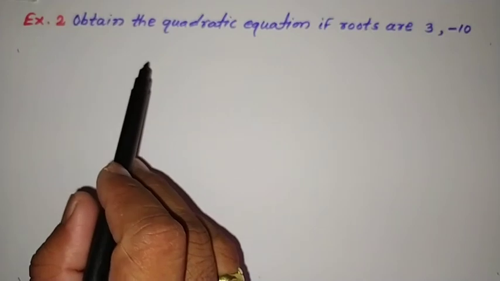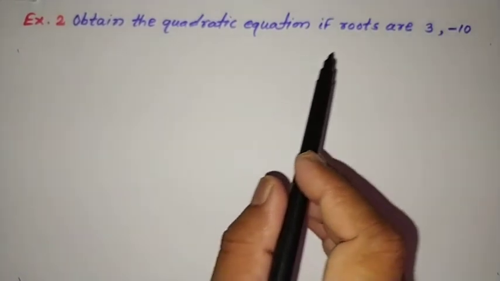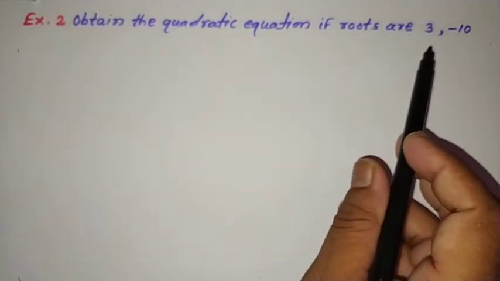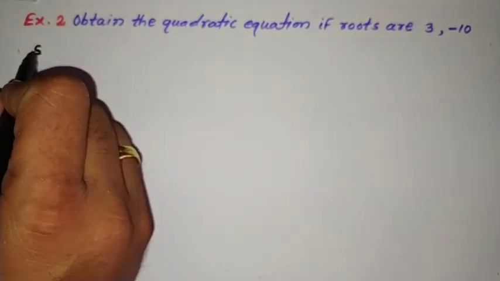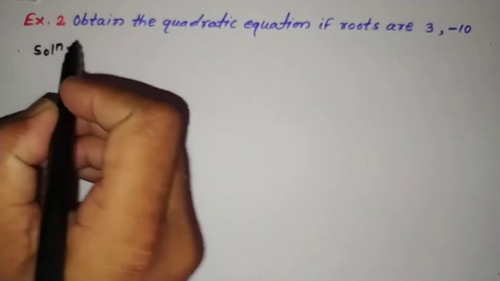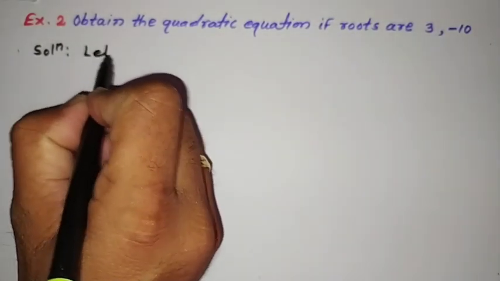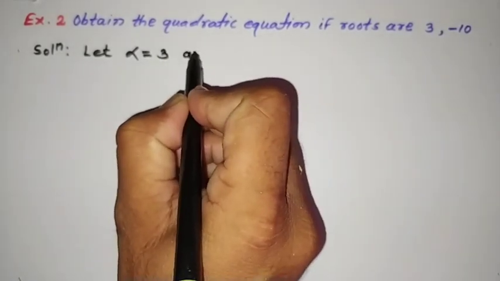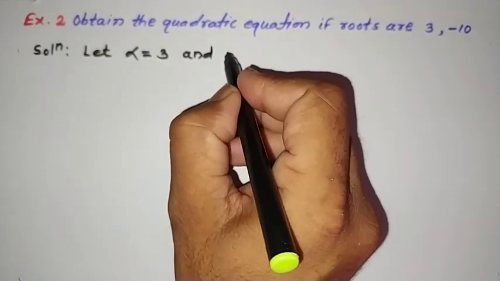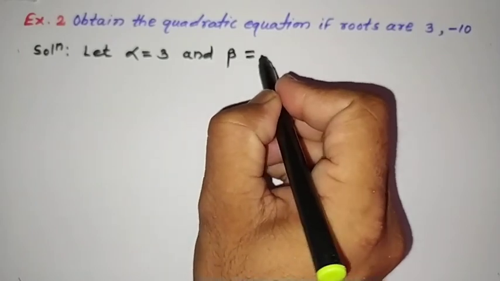See the next example, number 2. Obtain the quadratic equation if the roots are 3 and -10. Solution. Let alpha is equal to 3 and beta is equal to -10.